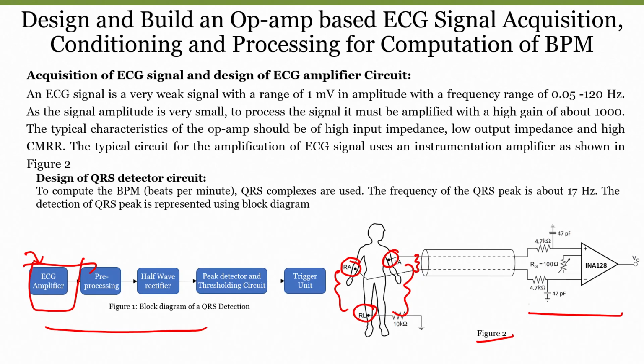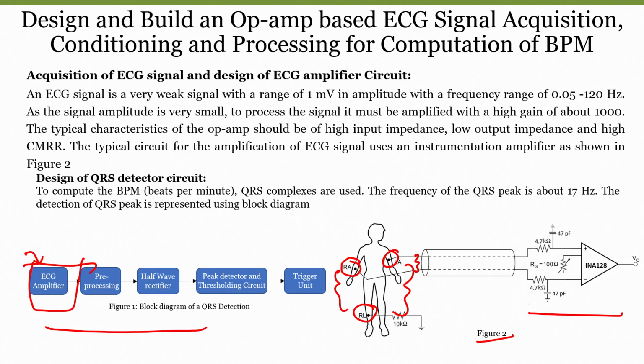Whereas in a differential amplifier, the input is directly connected to a resistor, whose value decides the impedance of the system. As a result, the input impedance of the differential amplifier is really poor. So we cannot go with a differential amplifier, and that is why we go with an instrumentation amplifier.